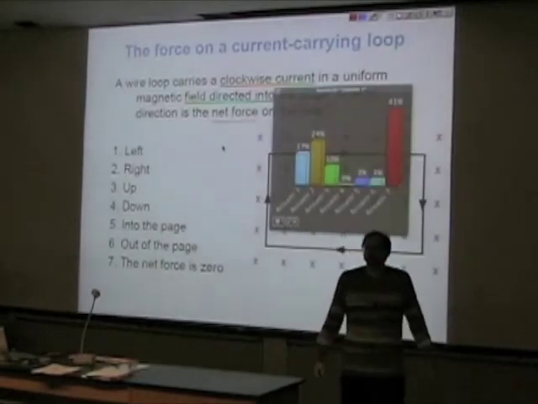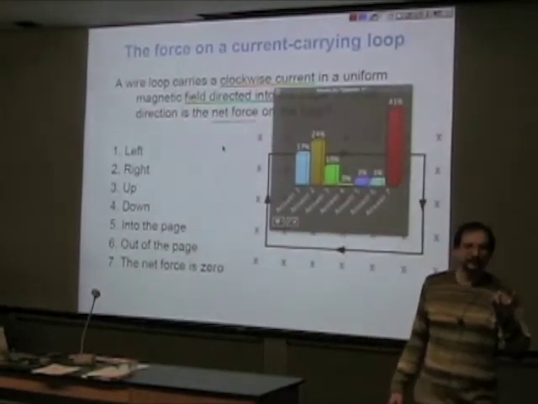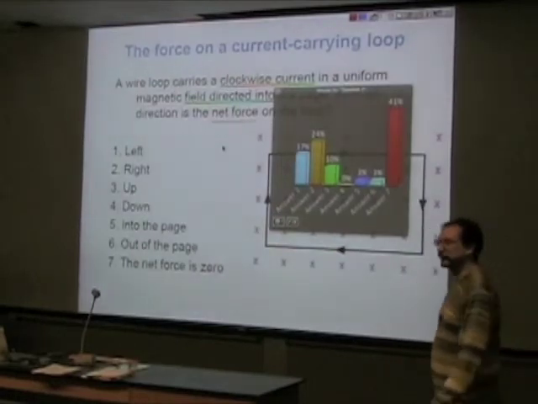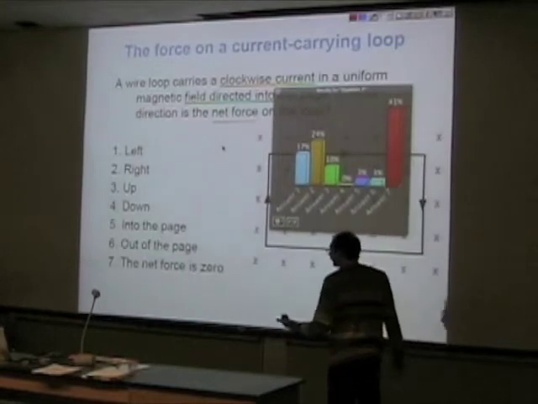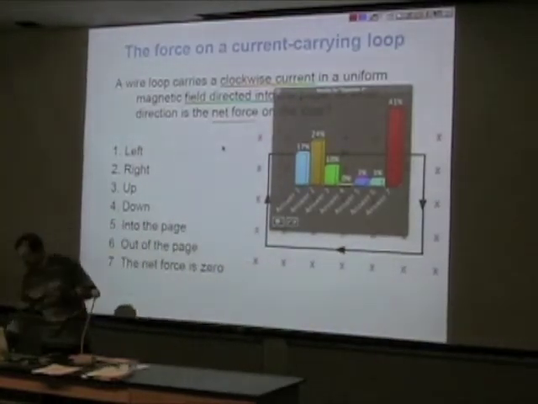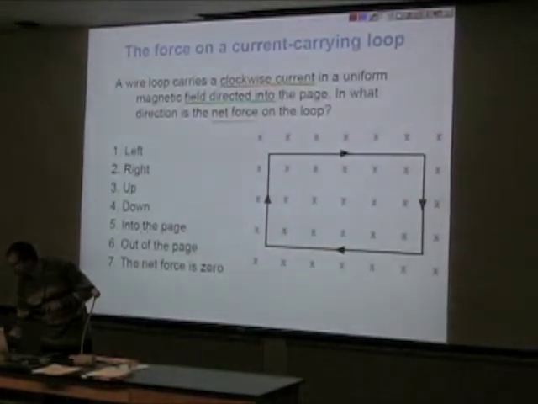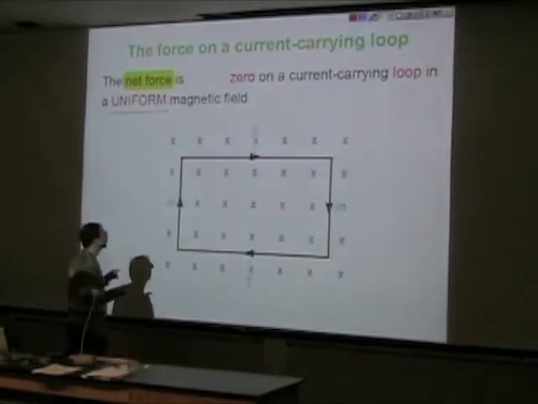What is a loop? Well, it's a wire which starts and ends in the same place. So, of course, on one hand, we would calculate the different forces acting on each part of a loop.